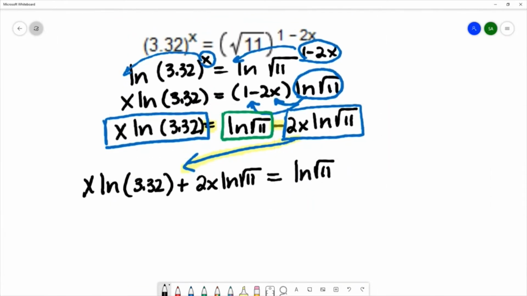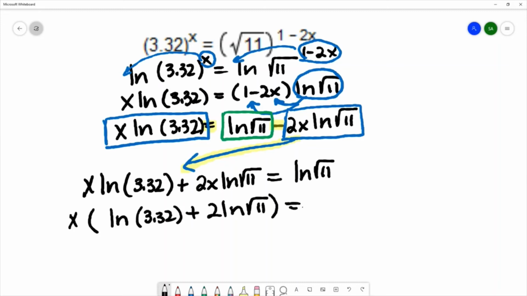So I've collected the terms with x onto one side of the equation, and now I can factor out the common x. If I factor it out, I'll have x times natural log of 3.32 plus 2 natural log square root of 11 equals natural log square root of 11.